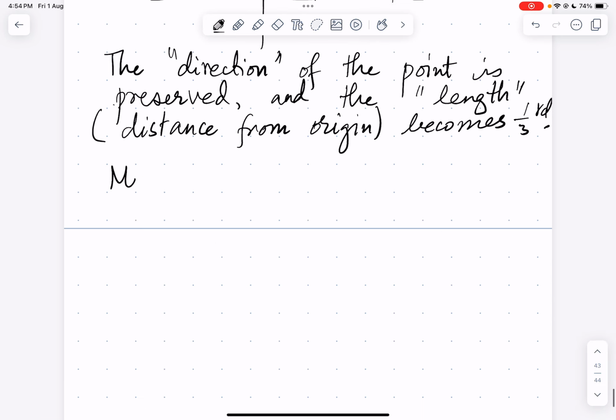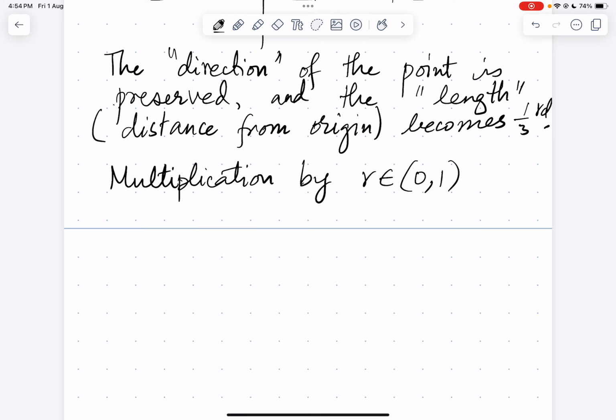So in general, multiplication by a number r strictly between 0 and 1 intuitively shrinks points.